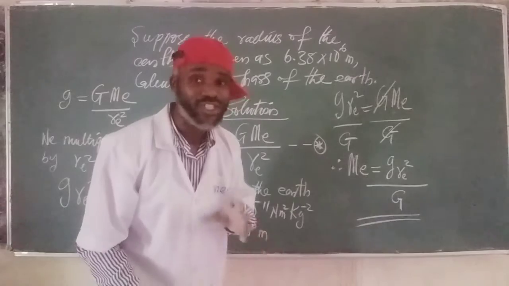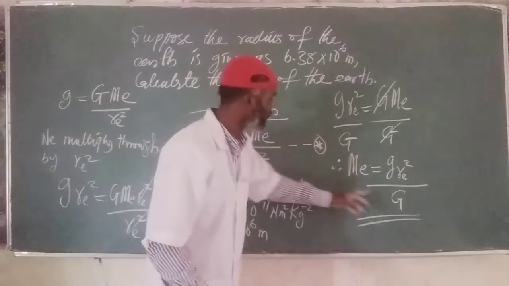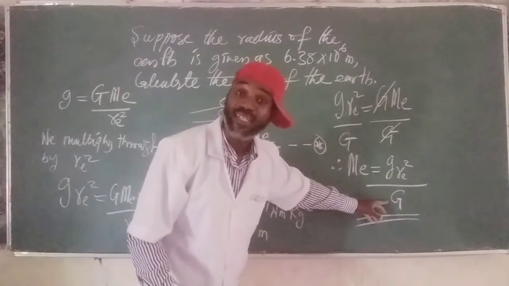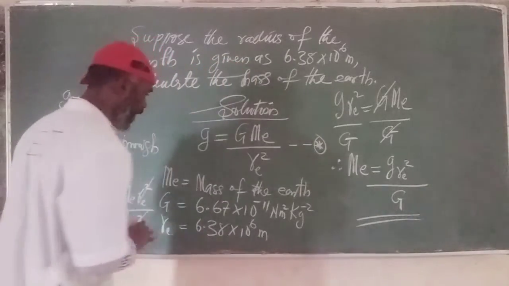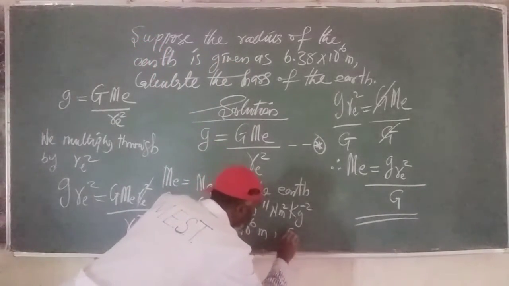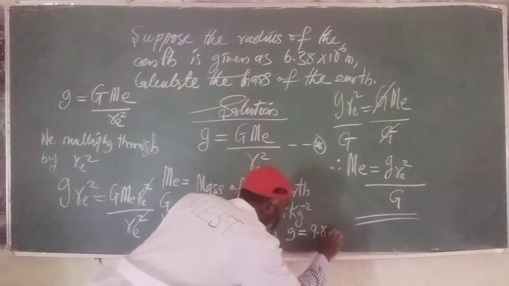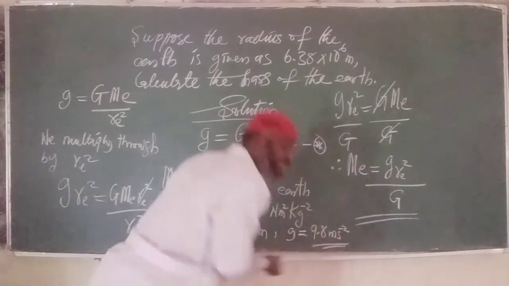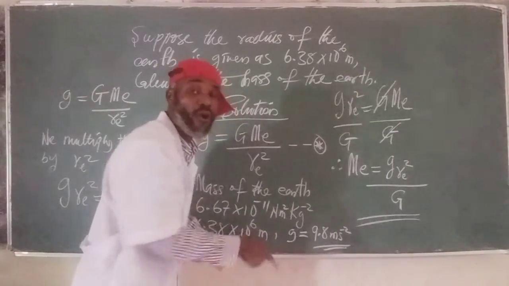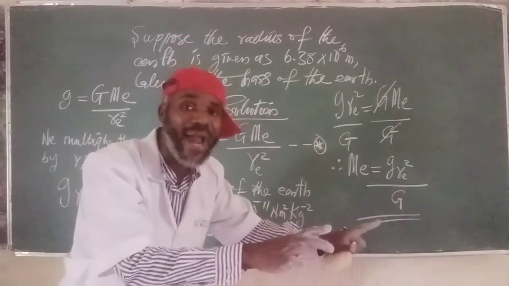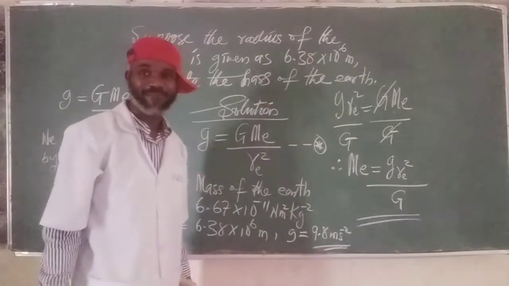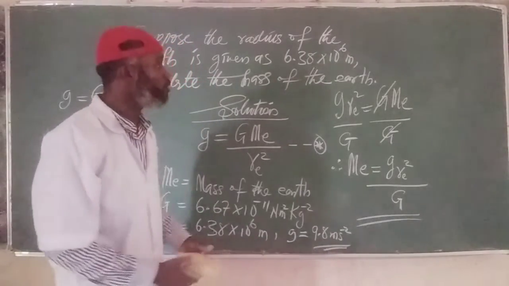In the same way, capital G is a constant. So small g is given as 9.8 meters per second squared. That is acceleration due to gravity of the Earth on a small body.